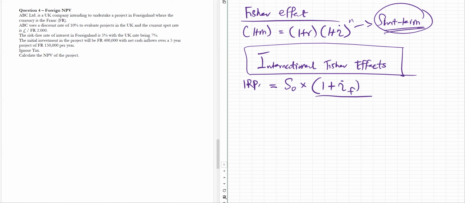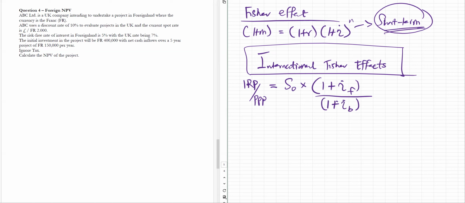So that's interest rate parity, and purchasing power parity will use inflation. This one will use interest: spot rate by 1 plus interest in the foreign currency over 1 plus the interest rate in the base or home currency. This is how we forecast the exchange rate.